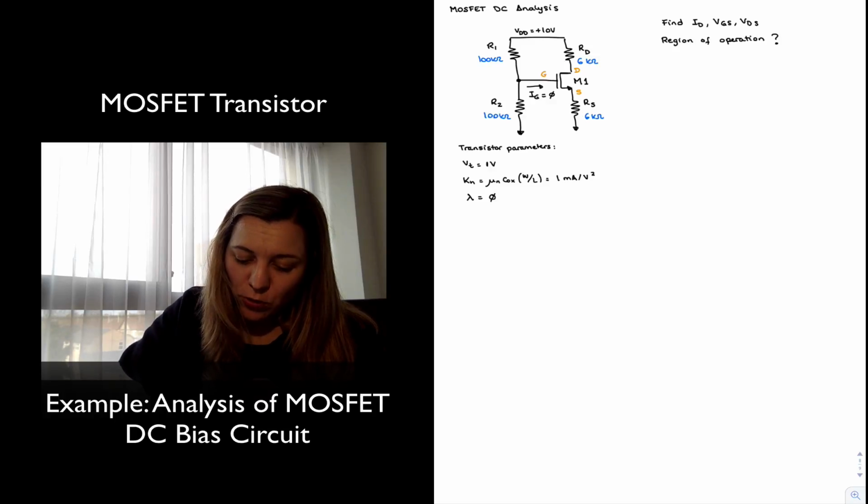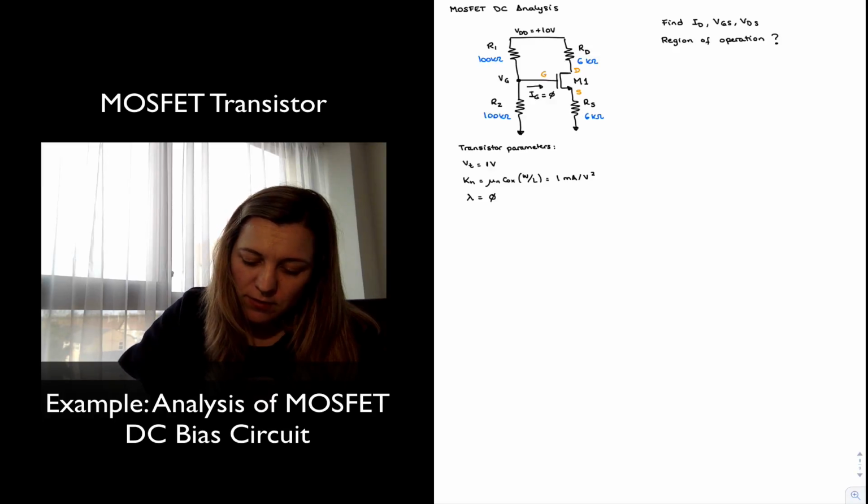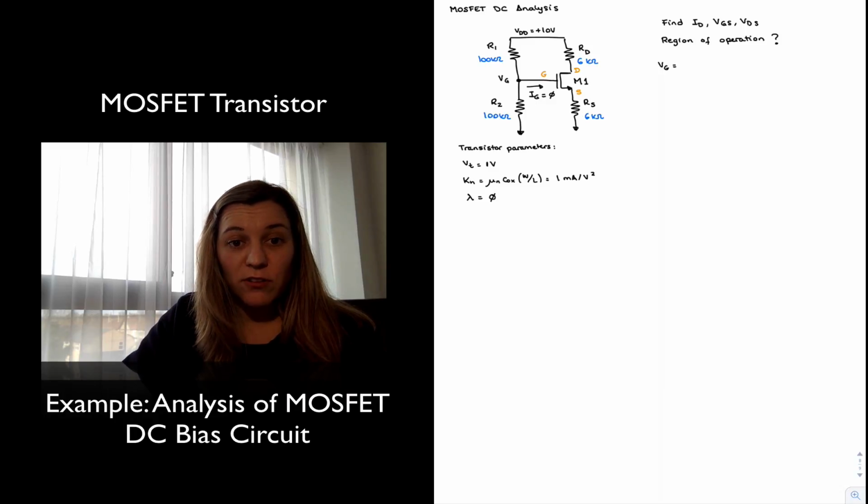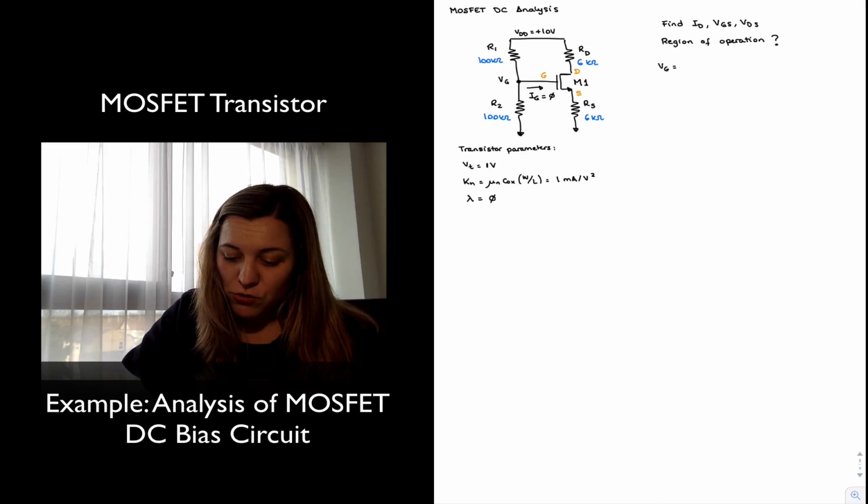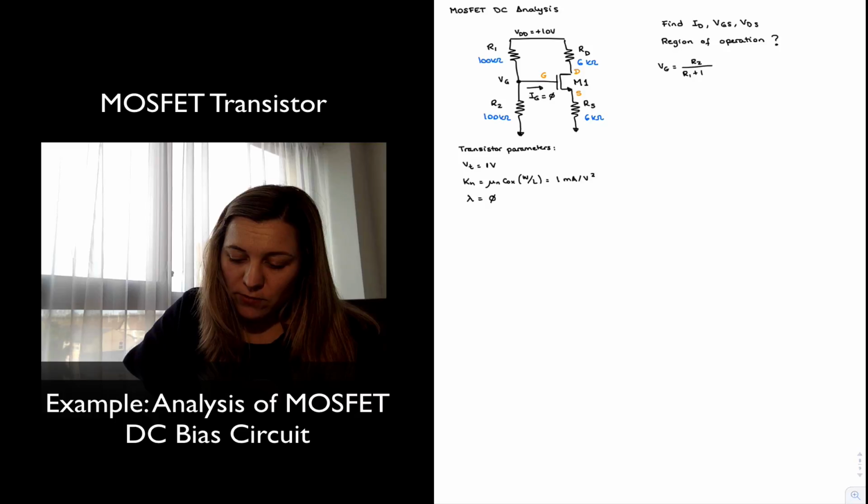My gate voltage, VG, is going to be the result of voltage division, dividing VDD between those 2 resistors. Since they're of equal value, the voltage at the gate is just going to be equal to half of VDD.